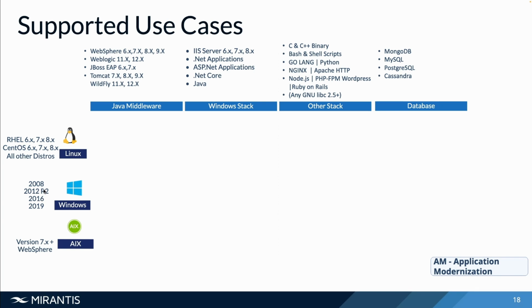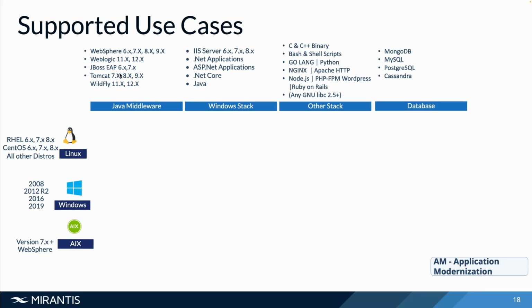The same for Windows. We depend on the way that we can authenticate with Windows. So 2008 version, 2012 R2, 16, 19, and even 2022 are things that we would be able to support, right? And then in terms of application, we would be using the various application stacks. So Java middleware stacks, definitely, whether it is WebSphere, JBoss, Tomcat.